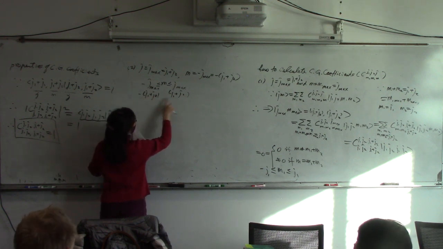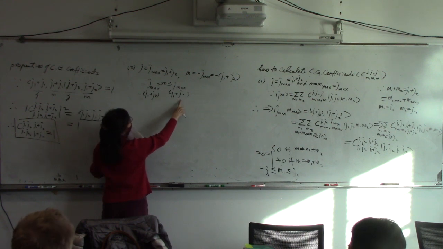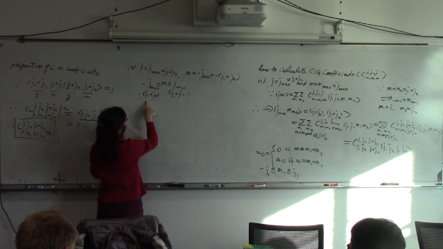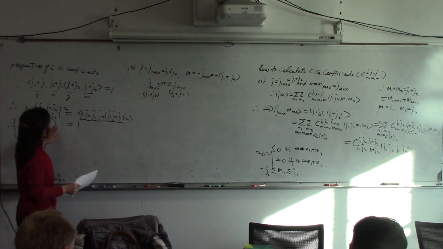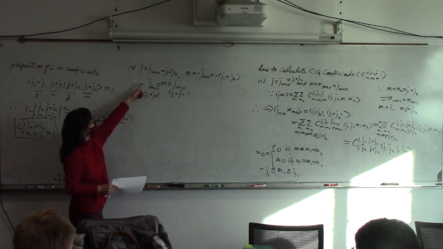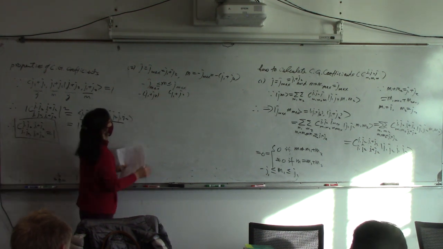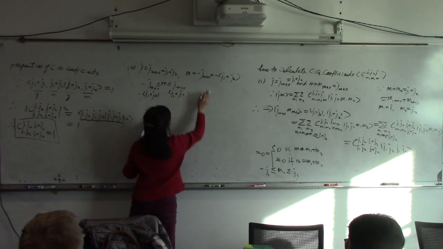So we select these two limits. One corresponds to the maximum value of M, and now the negative value of J max. For the first one, we already obtained it. Now we are going to consider this case. So that is one case. So now let's look.